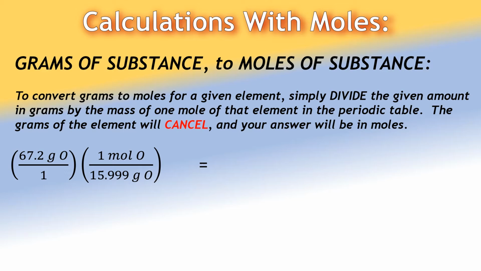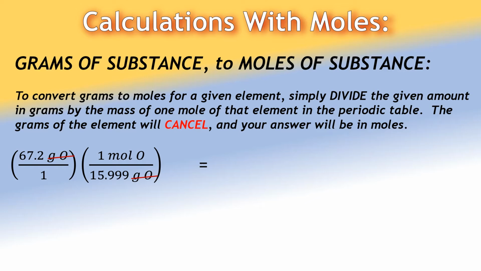So if we consult the periodic table, the number given for oxygen by itself is 15.999 grams. And so since we have grams of oxygen given in our first expression, we're going to put the grams of oxygen on the bottom of the second expression. And that will allow us to cancel the grams of oxygen. Now it should be fairly obvious that the number on the top, 67.2 times 1, is still 67.2.